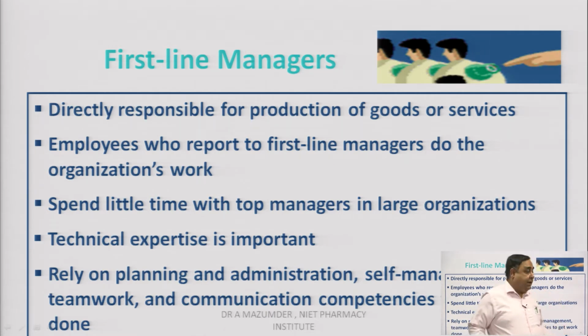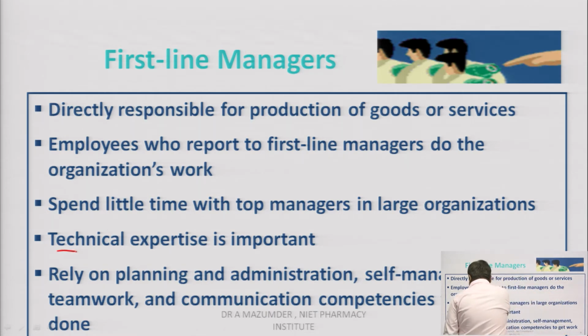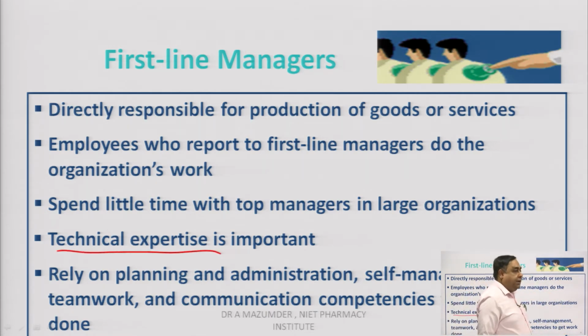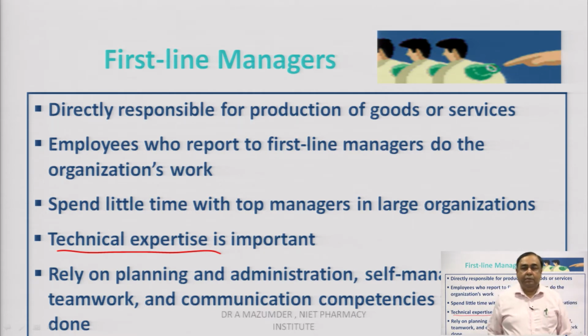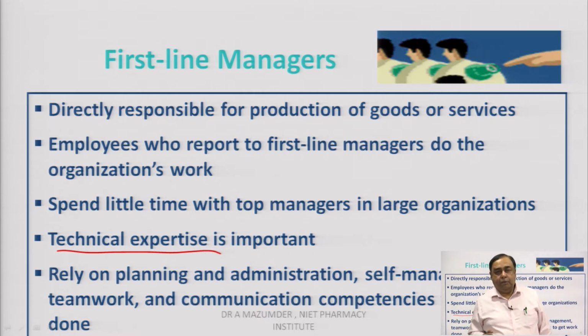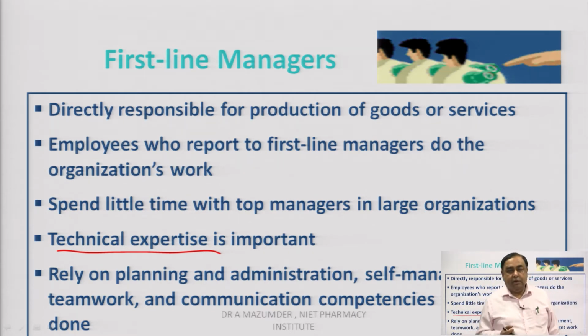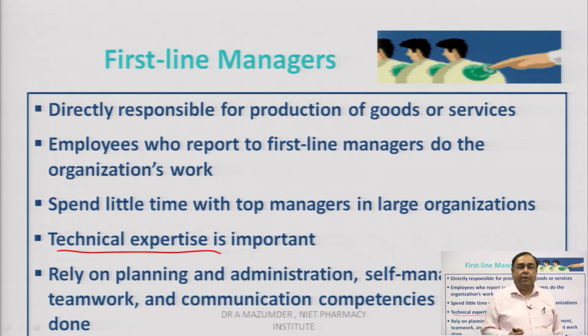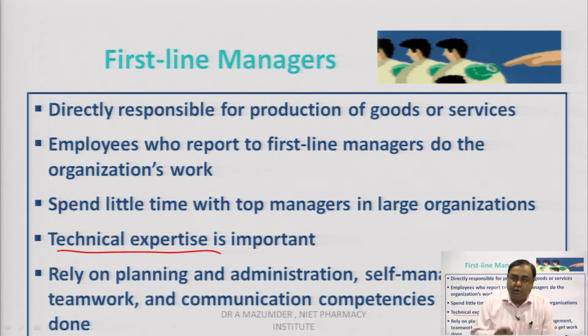Here, the technical expertise is very important. There are various types of skills: soft skill, behavioral skill, technical skill. Now, because they themselves are responsible for the production of an item, they must have very high expertise in the technical area.